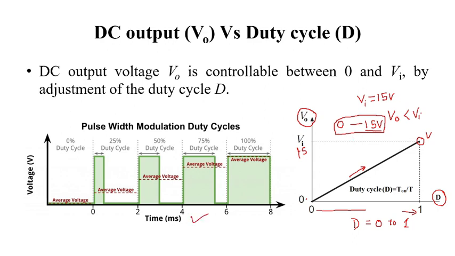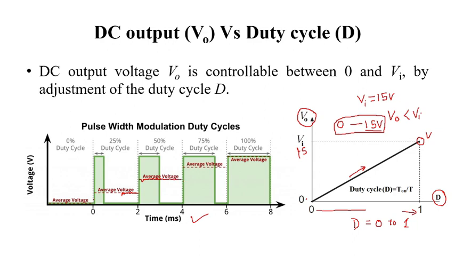In this figure, I am showing how the average voltage is going to be increased. As we keep on increasing the duty cycle, if it is 25%, the average voltage will be in this limit only. If we increase the duty cycle to 50%, then our average output voltage is also going to increase.